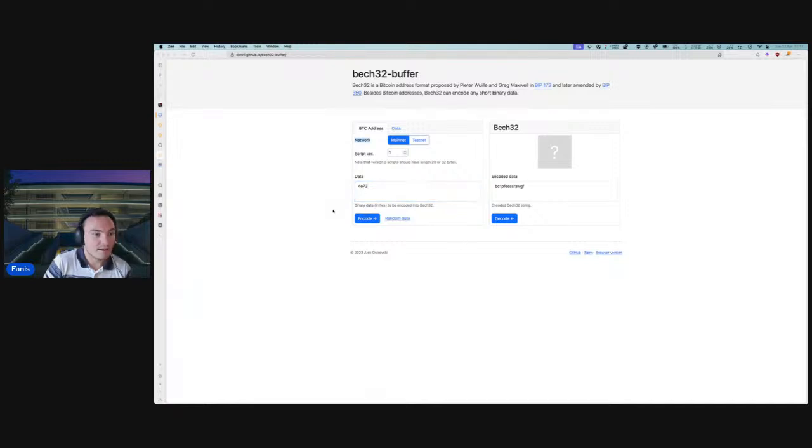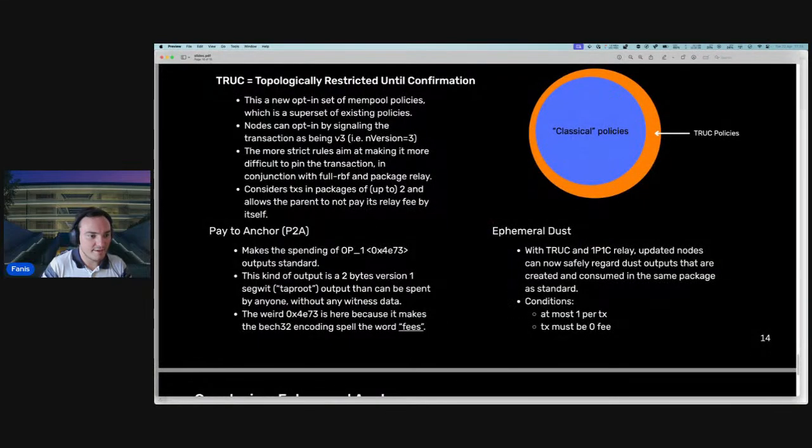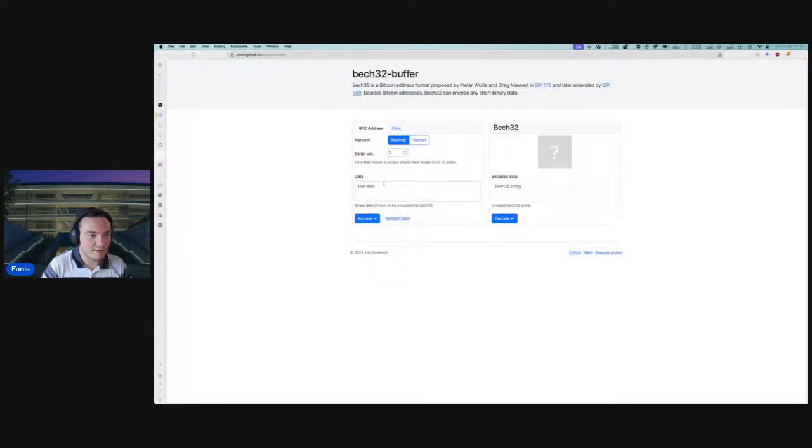And so let me refresh the page so that you can see it happen in real time. Okay. So for example, if I hit script version 1, I take this hexadecimal number, 4E73, copy, and put it here.